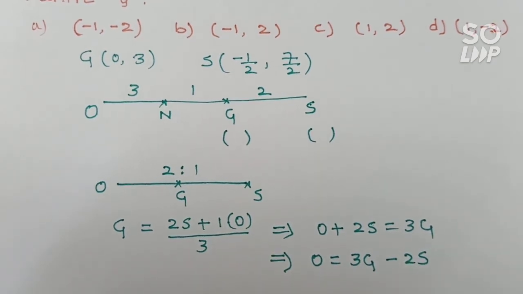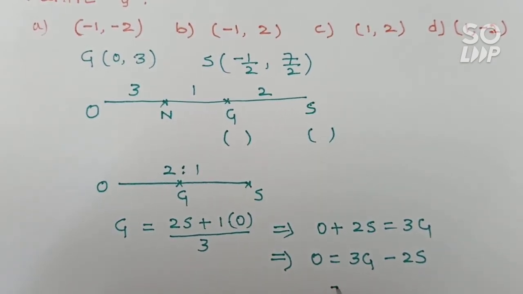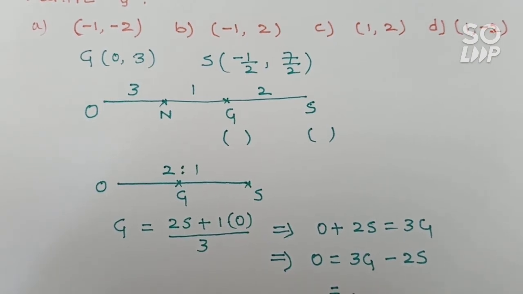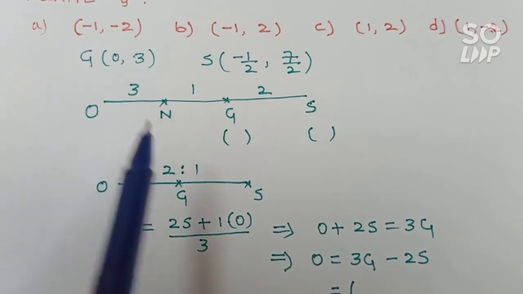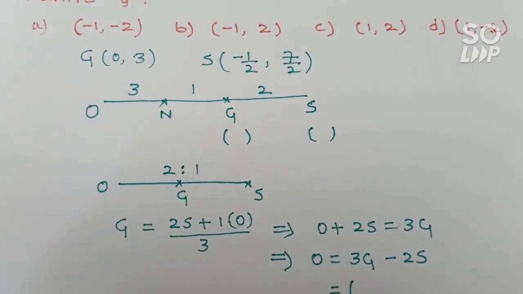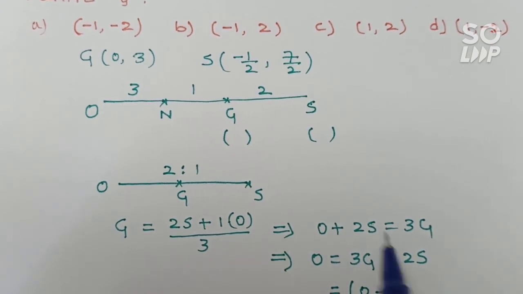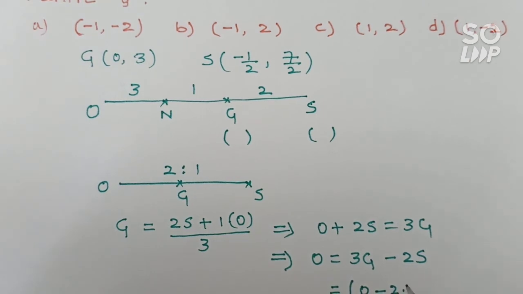What is the meaning of this? First of all, take only the x coordinates of the centroid and circumcenter. What is the x coordinate of the centroid? 0. So 3 into 0 is 0, minus 2 into the x coordinate of the circumcenter, minus 1 by 2.